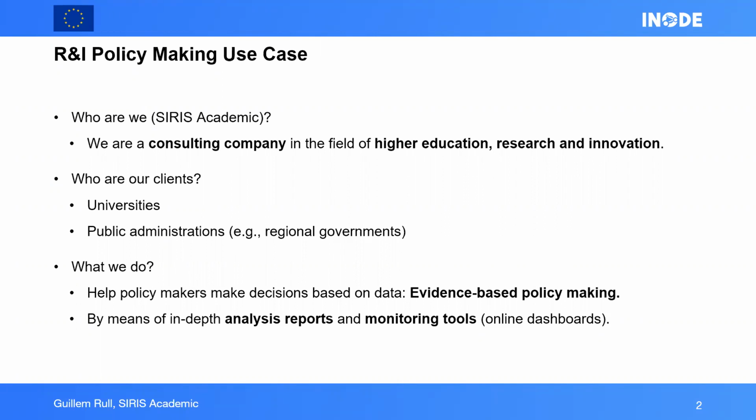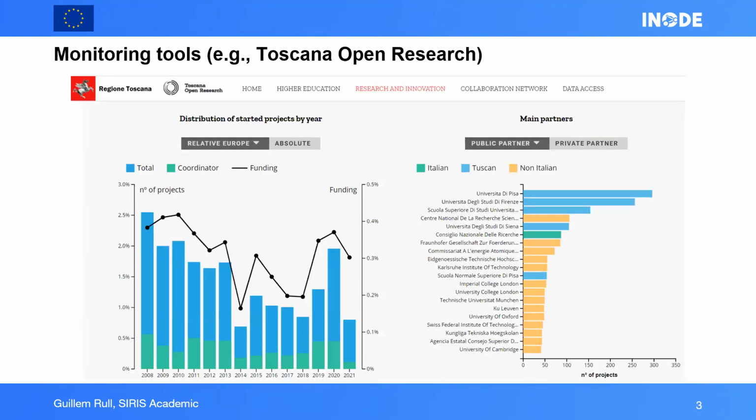But the other tool that we have, which is the most interesting from the point of view of iNode, is the online monitoring tools. So these look like this. Essentially, they are just web applications that we provide to our clients with a collection of nice visualizations that allow them to see a snapshot of their situation.